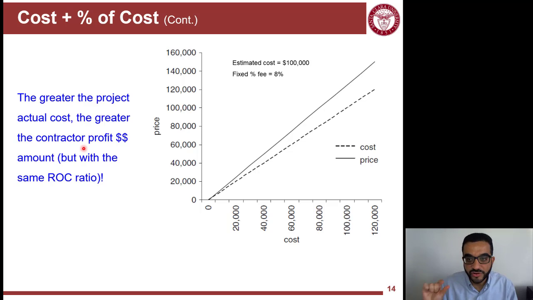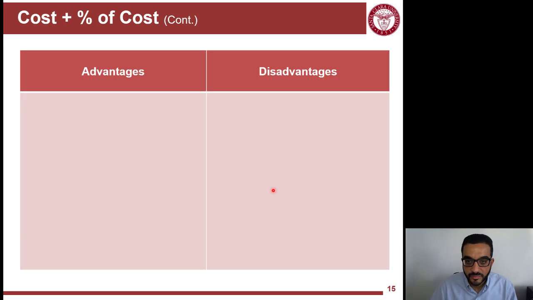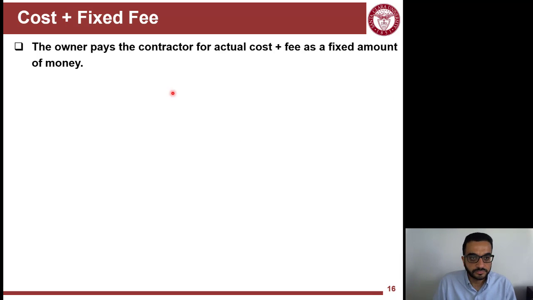But always this percentage will be fixed, which means that the return on cost ratio will always be fixed. So it's kind of a risk-free project for the contractor. I submit my receipts, I get my fee on top of that, and then there's no risk, right? So thinking about that, try to come up with good things and bad things. Good things for the owner and contractor, and bad things for the owner and contractor.